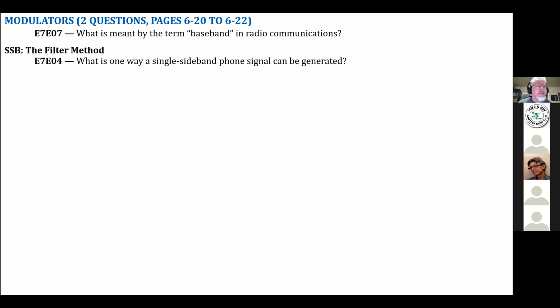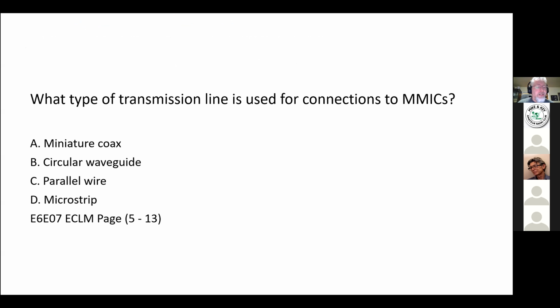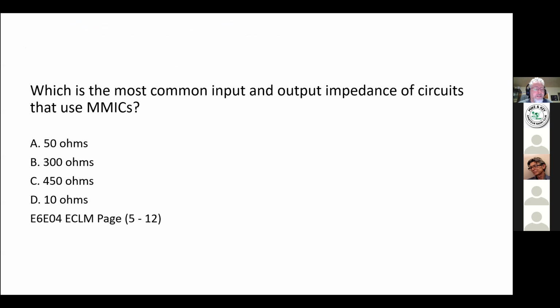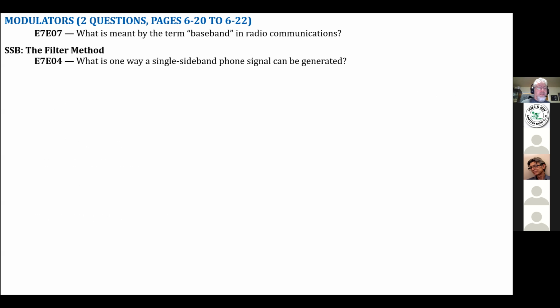Modulators, 7E07. Oh, I did it again. Quality control. It's a huge job, Jim. Yes, it is. Okay, modulators. Jim, didn't you put that in there deliberately just to test our knowledge, make sure we're paying attention?